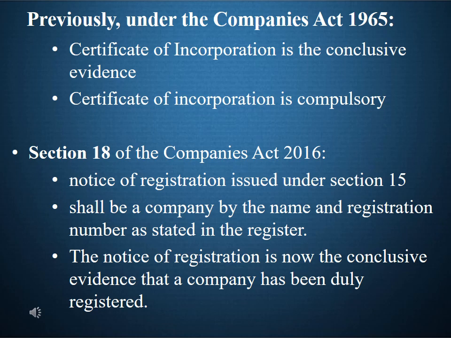Upon registration, Section 18 also provides for the effects: once registered, the company shall be a company in the name and registration number stated in the register. So the notice of registration itself is conclusive evidence that the company has been duly registered.